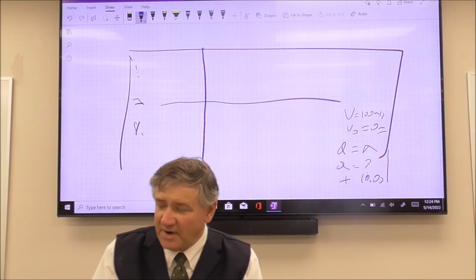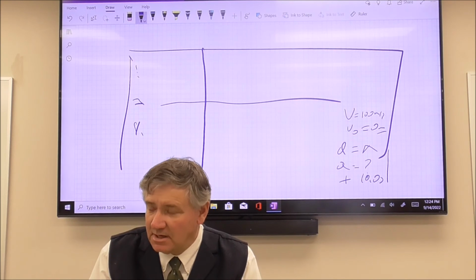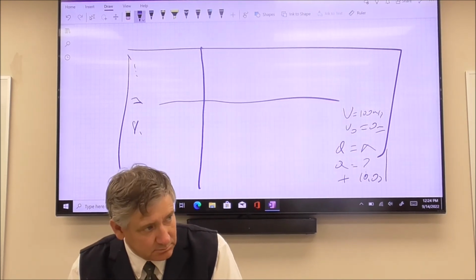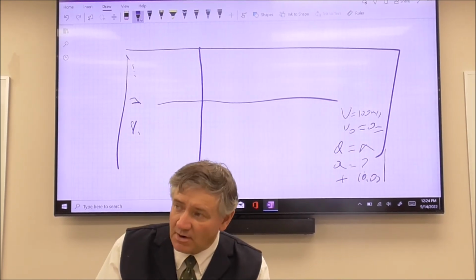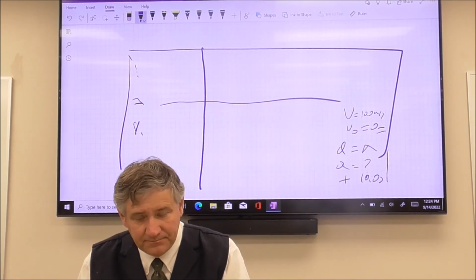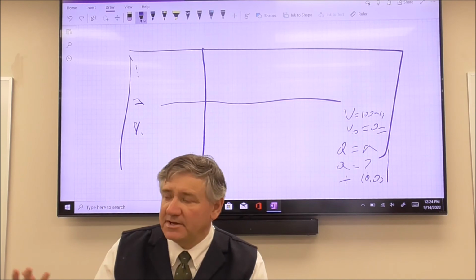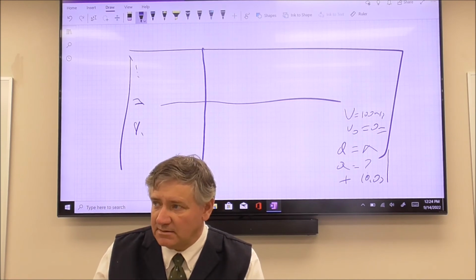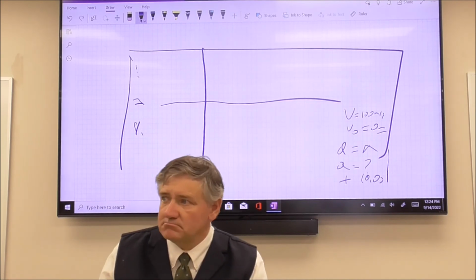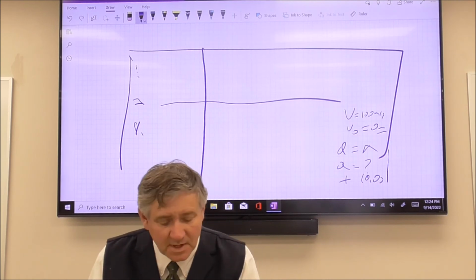Positive. If I get a negative acceleration, I've done something horribly wrong. So literally, start each problem with that thought. Am I speeding up? Am I slowing down? If I'm speeding up, make your velocity and acceleration have the same sign. If they are opposite signs, you're going to slow down.